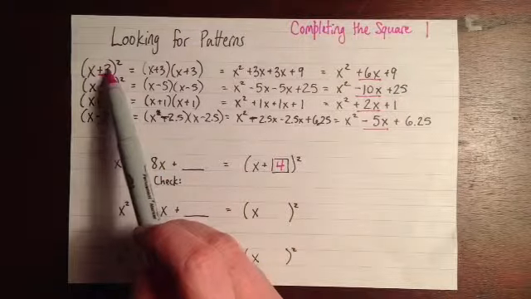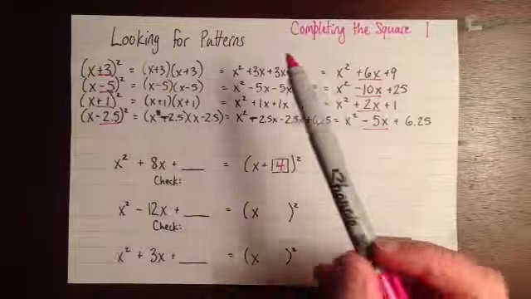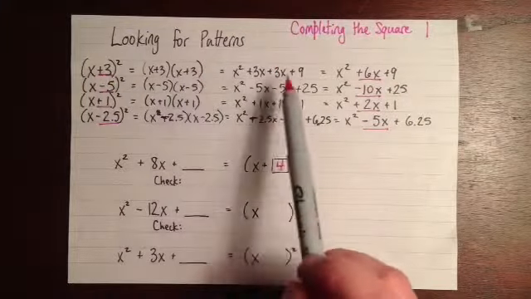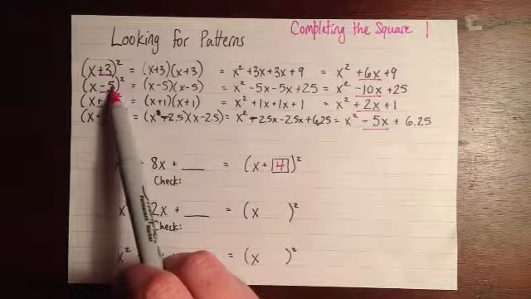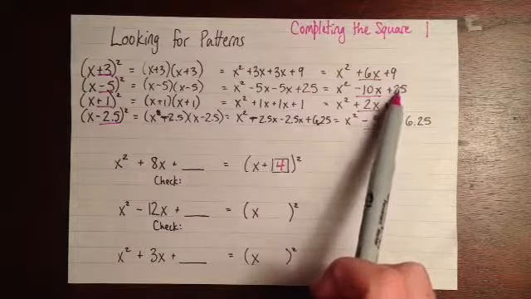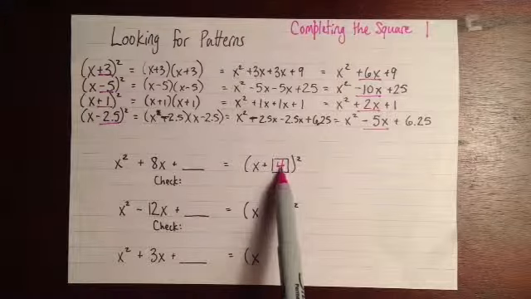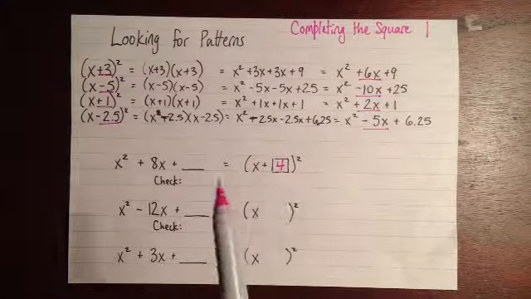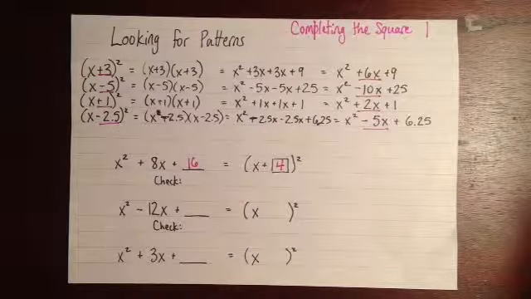Well, the last term in all these, here we have plus 3, x plus 3 squared, and the last term is where we do 3 times 3 is 9. And here, negative 5 times negative 5 is plus 25. The last term is always just the square of this number. So this is going to be plus 16.